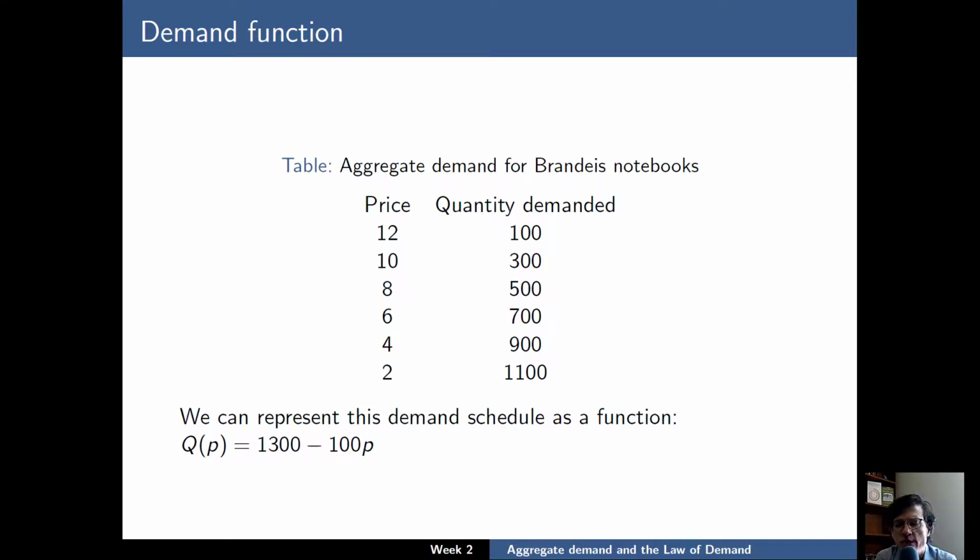So we don't necessarily need a demand schedule to figure out demand. Sometimes we can generalize that and come up with a demand function. This is a kind of simple demand function. There can be much more complex demand functions, but this will be the format of a lot of the demand functions we use in this class: it's just a number minus a number times the price. So that's a demand function, and that's again another way we can represent the demand that's here in this demand schedule.